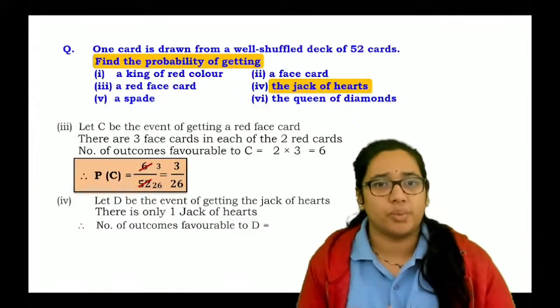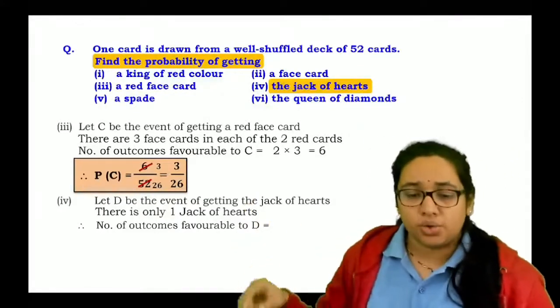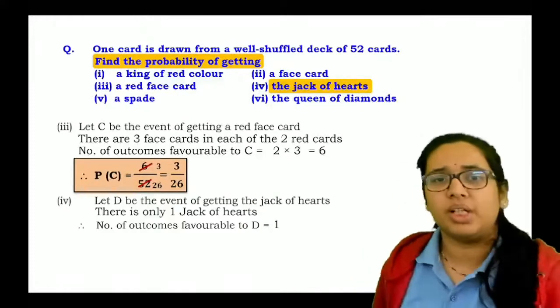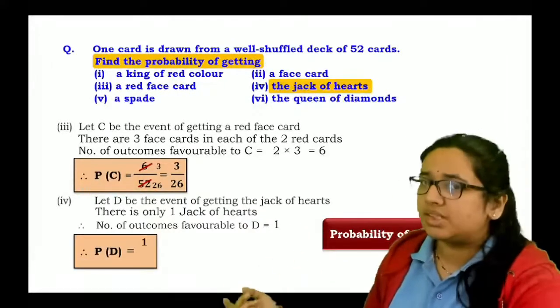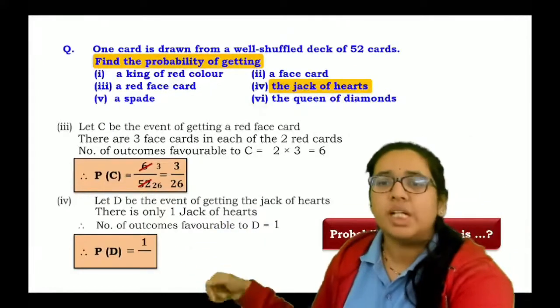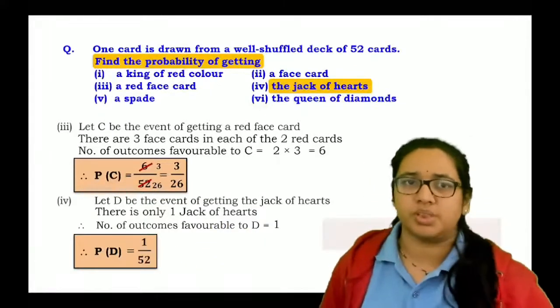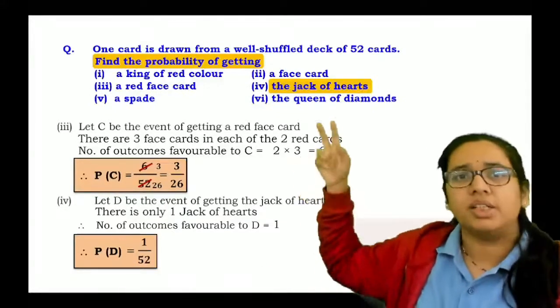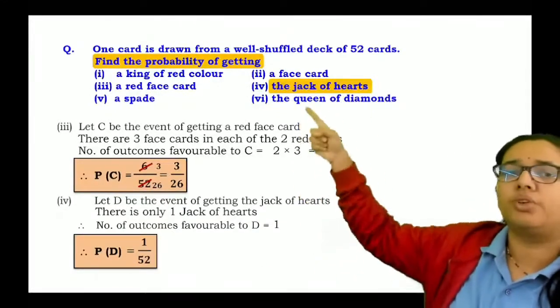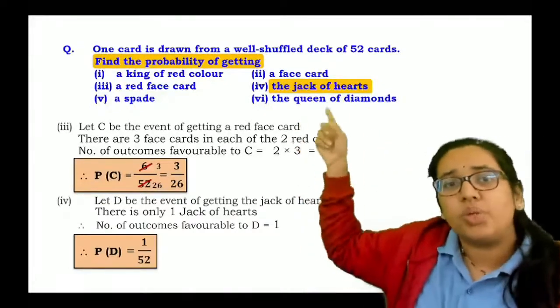Therefore, the number of favorable outcomes is 1 and total possible outcomes is 52. Hence, its answer will be 1 upon 52, because probability is nothing but number of favorable outcomes divided by total number of outcomes. Getting this one? As we have done for the Jack of Hearts, clearly you can do the probability of the Queen of Diamonds.